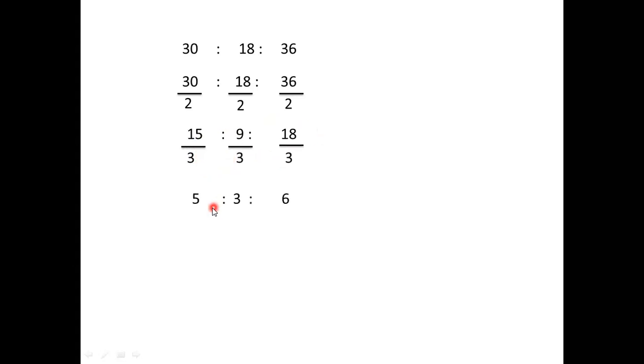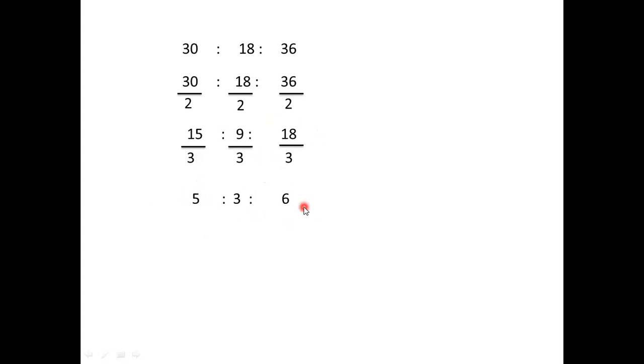Okay, now you got this, right? 5 is to 3 is to 6. Can you divide these three numbers by any number? No. Have you got any relationship among these three numbers? That's what you have to check.